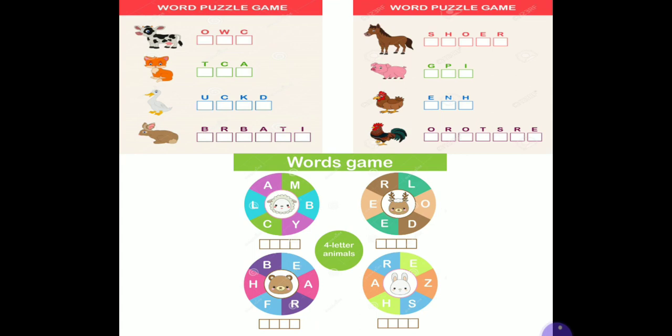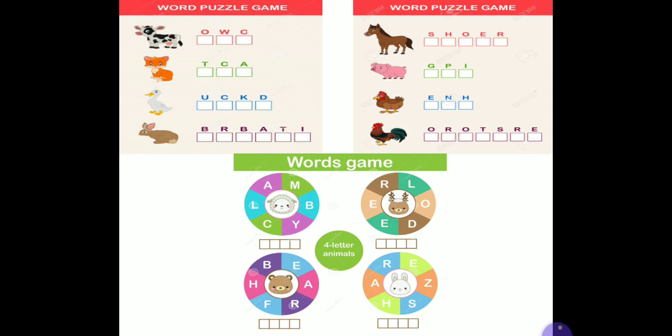Okay, in the second picture, you can complete this puzzle with the help of these letters. Okay, what about the third picture? In the third picture, you can find the names of animals with the help of letters too. For example, what can you see in the first picture?